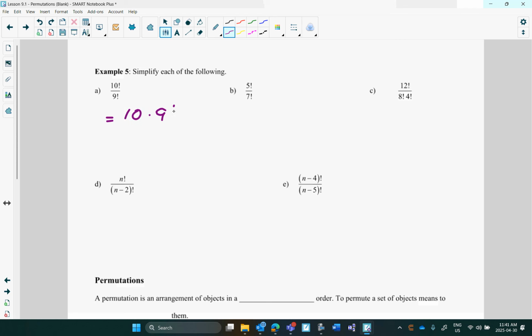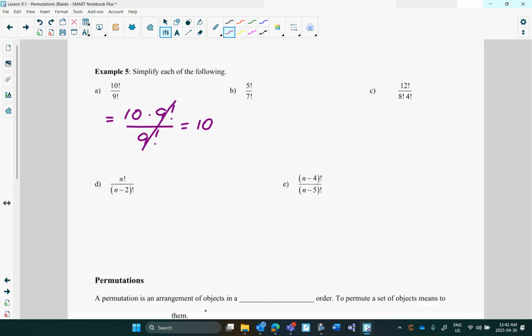Why not do this? Start writing the 10 down until you get the same number as the denominator, and those are going to cancel each other out. 10. That actually makes sense.